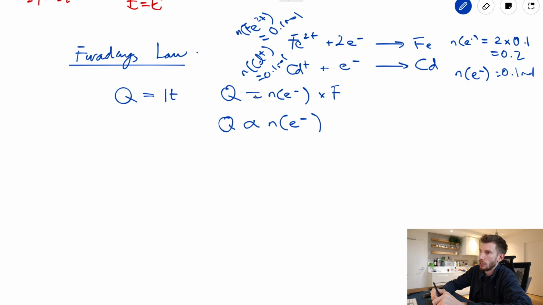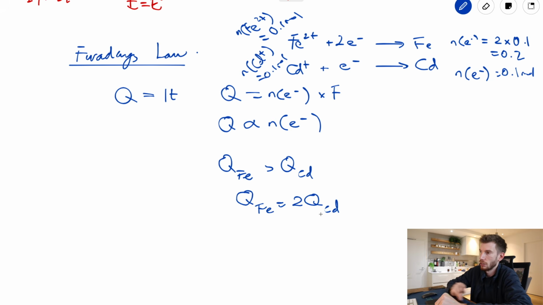So the one that transfers more charge is the one that transfers more moles of electrons. Therefore, the charge associated with iron will be greater than the charge transferred in cadmium. In fact, we know by proportionality that it'll be twice the charge of cadmium, like that. And that could become an answer.